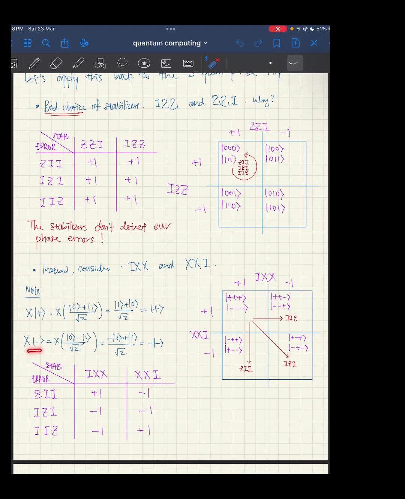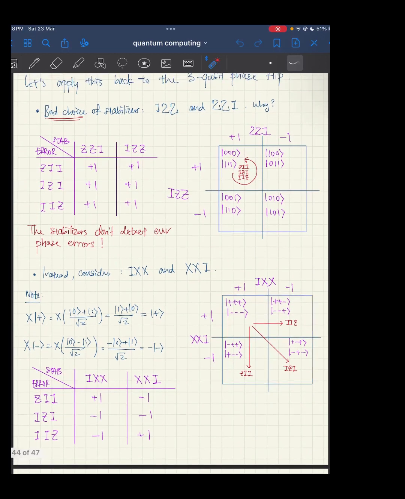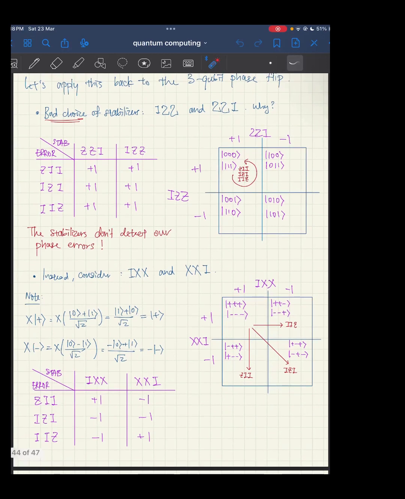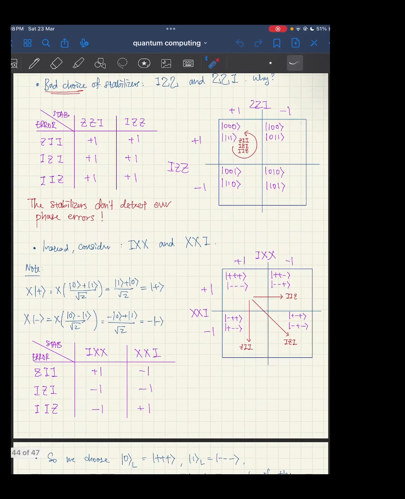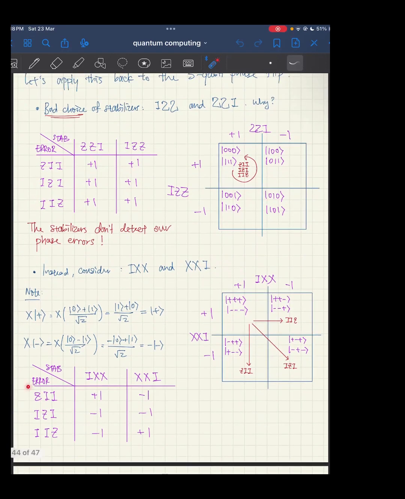And if we do it on the minus state, we get a negative minus state. So let's consider the phase flip on the first qubit. Comparing the first stabilizer, we have Z and I, which commutes.